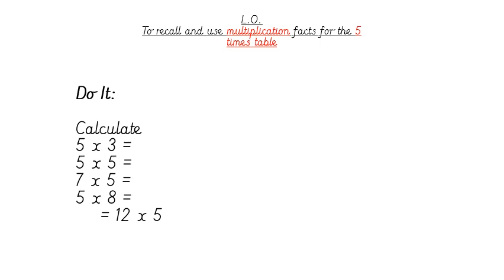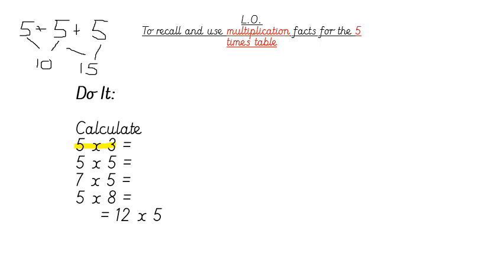So here is your do it. You're going to calculate what 5 times 3 is. Remember, what you're doing is you're adding 5 each time, just in case you don't know. So it'll be 5 plus 5 plus 5. Okay, and then your answer goes here. So 5, 10, 15.